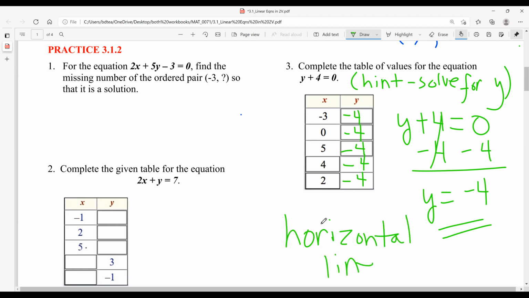We won't graph it right now, but I want you to start putting the pieces together. You can put that in your notes: when y is constant, the graph is going to be a horizontal line.